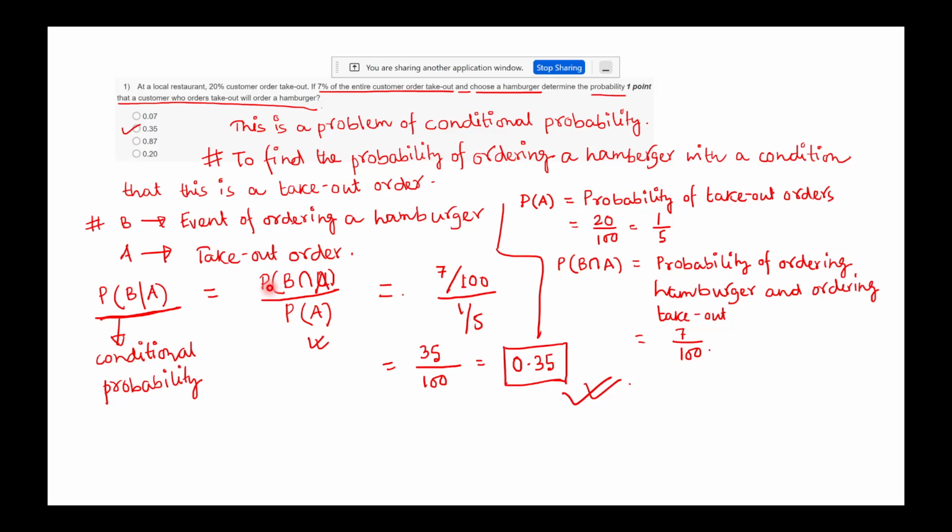That is actually the probability of ordering a hamburger and takeout, divided by the probability of the condition upon which the whole premise is set, that is the probability of A. So that is 7 by 100 divided by 1 by 5, that is 35 by 100, that is 0.35. Okay.